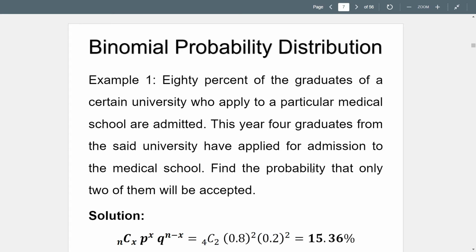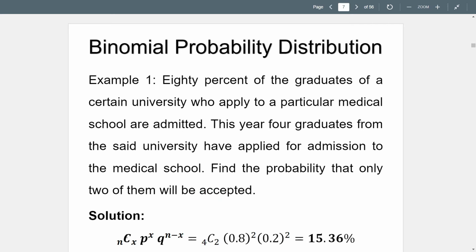Find the probability that 2 of them will be accepted. The number of trials is n equals 4, the number of successes is 2, and the number of failures is also 2, because there are only 4 graduates and 2 of them will be admitted, and the other 2 will not be accepted.